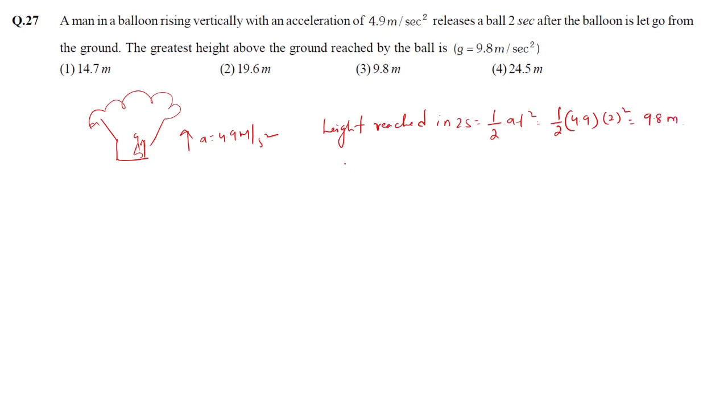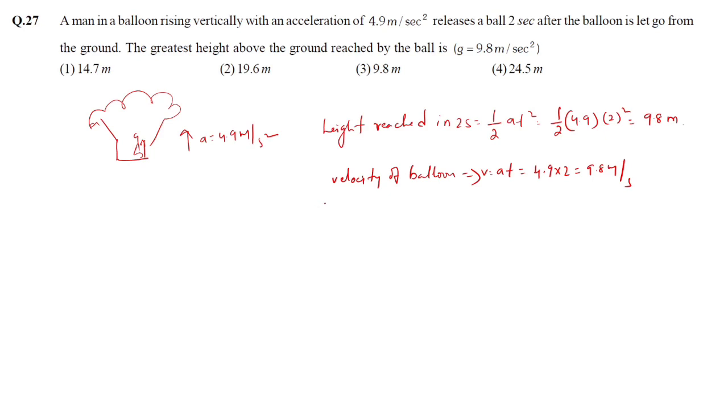So now in this situation, what is the velocity of the balloon? It is v is equal to at, so acceleration is 4.9 and time 2, so 9.8 meter per second. So with this velocity it is moving up.